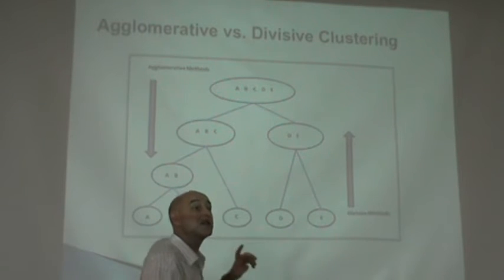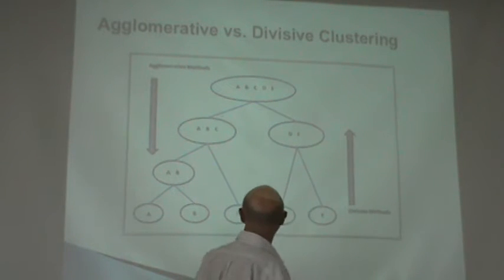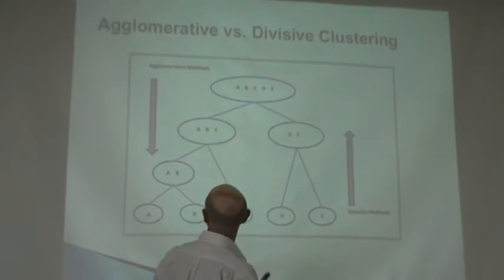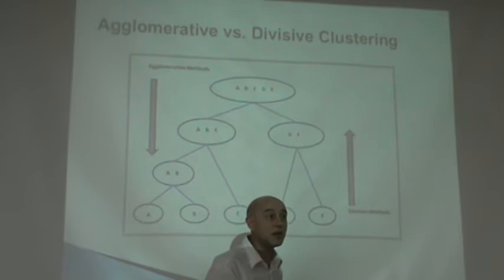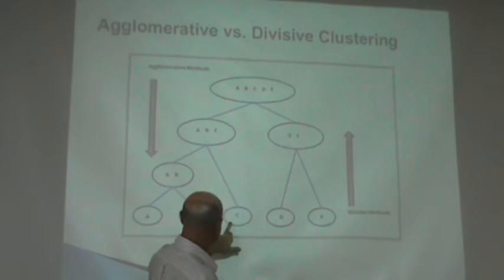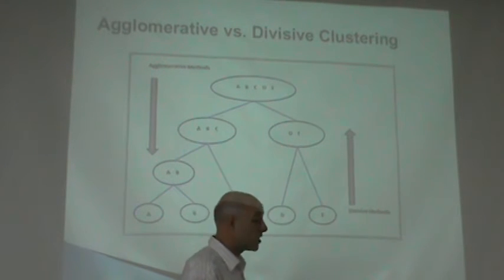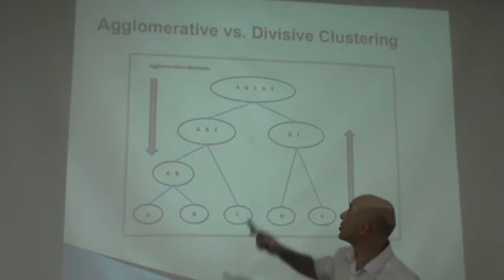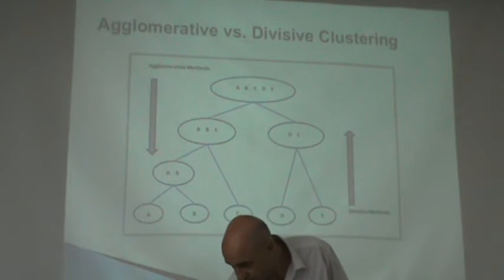So everyone is only in one cluster. If you need 4 clusters, maybe you can do it this way, or maybe you do it that way. So the approach may be a top-down or a bottom-up approach.